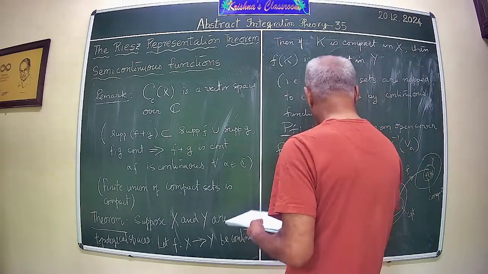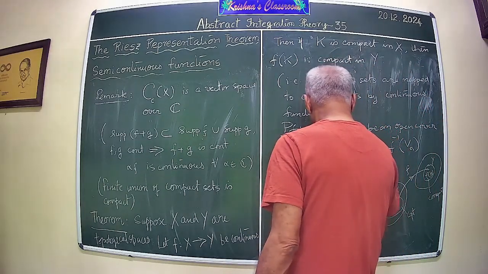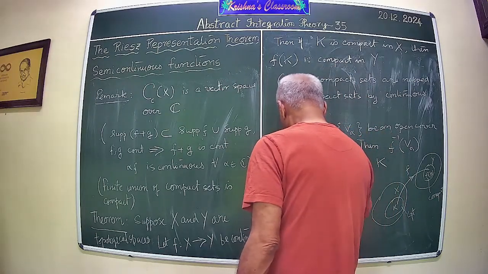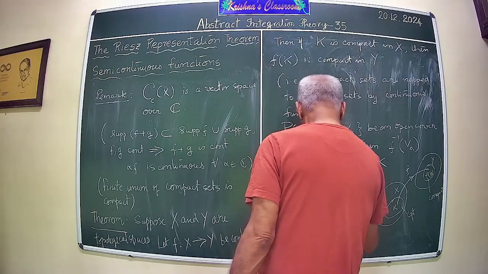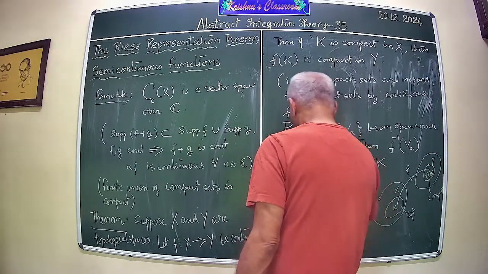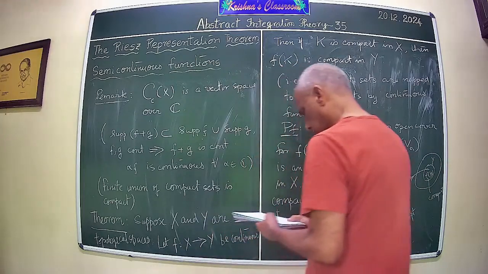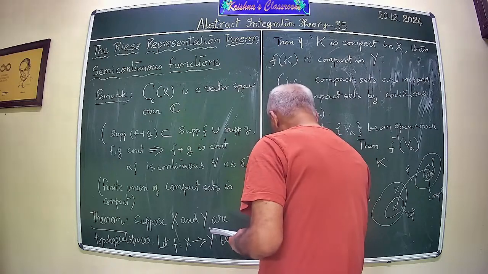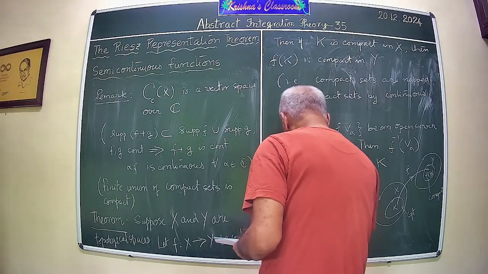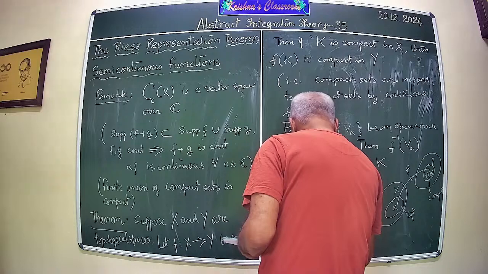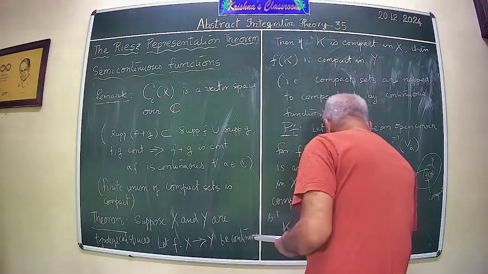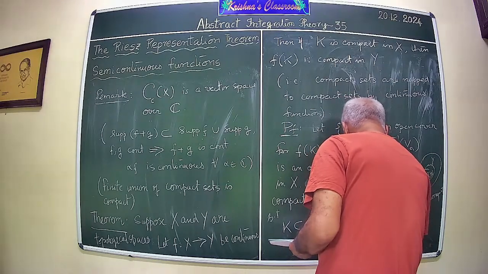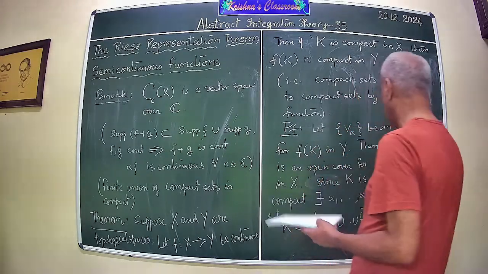Since K is compact, there exists a finite subcover.